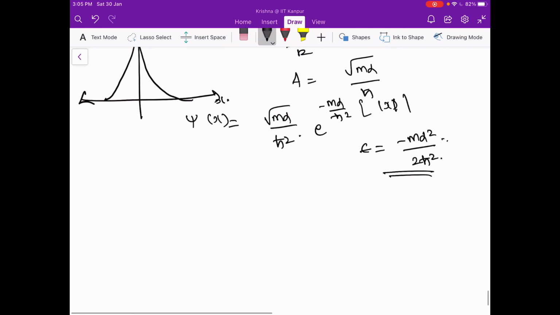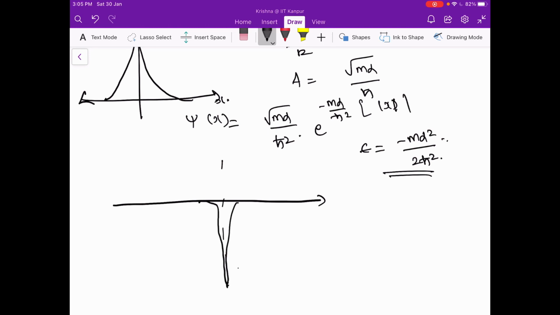It has an energy which is described here, right? So in summary, if we have a potential which looks like this, at x is equal to 0, it is minus alpha delta of x. Let's say this is the potential V, right?